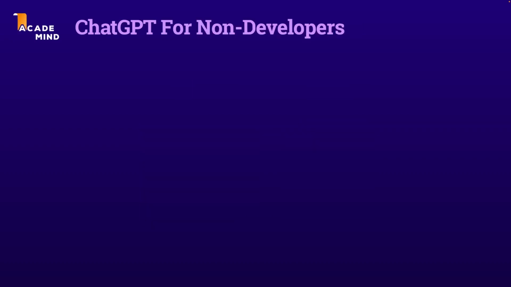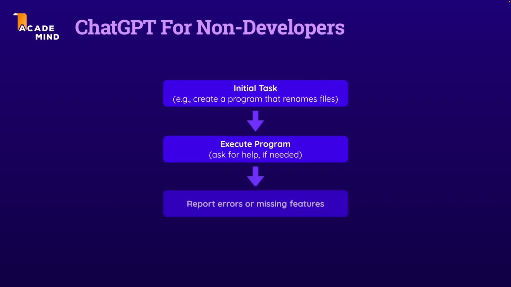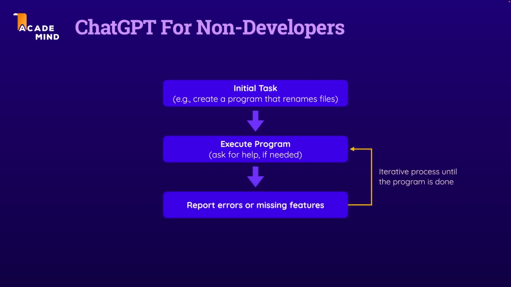Now, if you've got no programming experience, as you learned, it will typically all be about defining an initial task, and then about executing and testing the program ChatGPT gives you, and about iteratively improving that application.